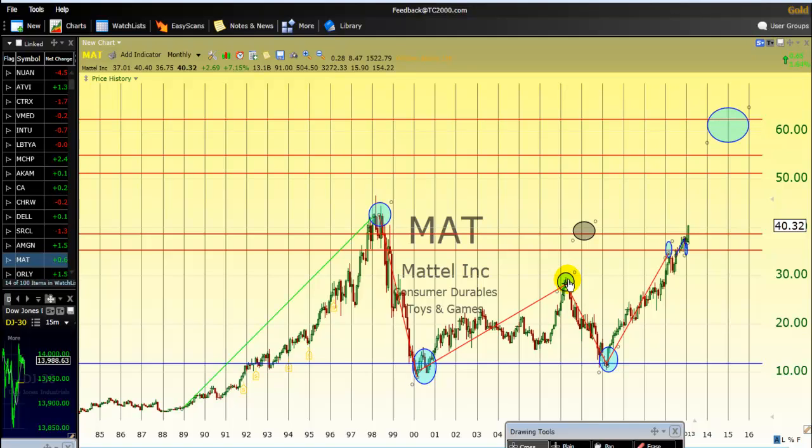Now, for the BC, we want to pull back to be between 38.2 and 88.6% of the AB, like the other patterns. But then, for the C to D, the target zone for the bearish crab pattern is at 161% Fibonacci extension of the SA.